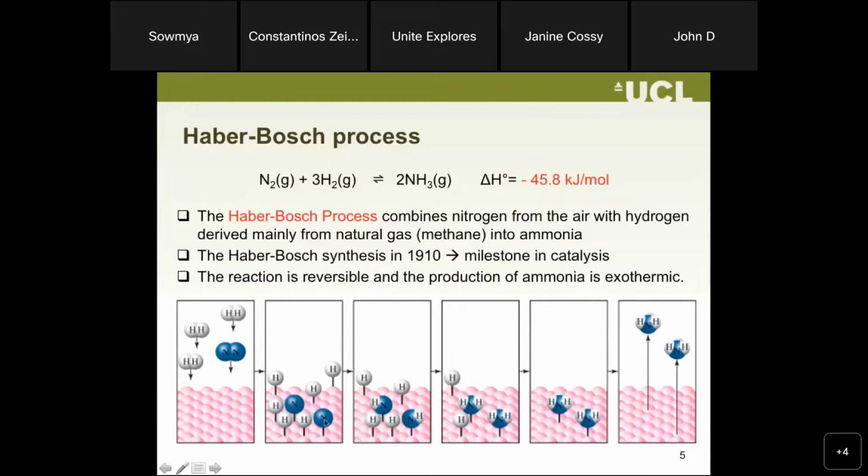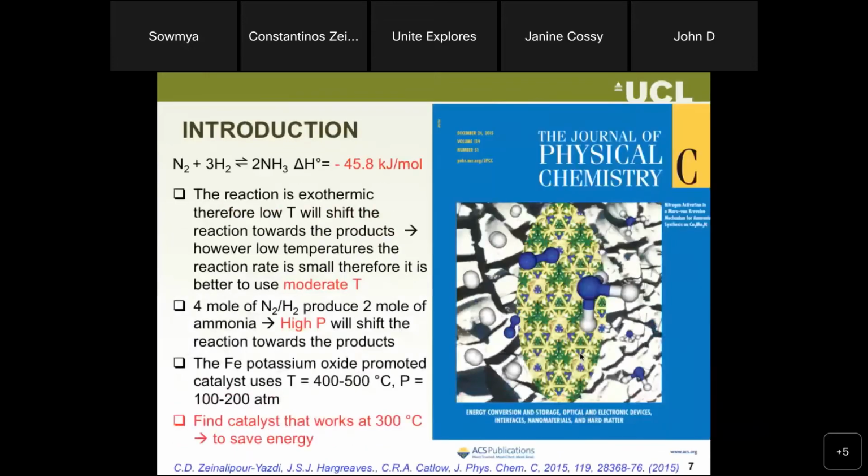The nitrogen dissociates, forming atomic nitrogen, and then the nitrogen recombines with the hydrogen, forming first NH, then NH2, and then NH3. This reaction mechanism is well established for the iron catalyst, which is the industrially used catalyst for ammonia synthesis. And the question is about other mechanisms by which we can produce ammonia.